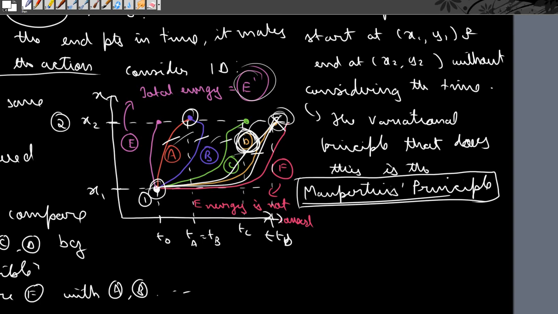This new variational principle that we have not yet formulated, but we are going to see, is nothing but the Maupertuis principle, and therefore we have finished setting up the circumstances wherein this principle can be used.